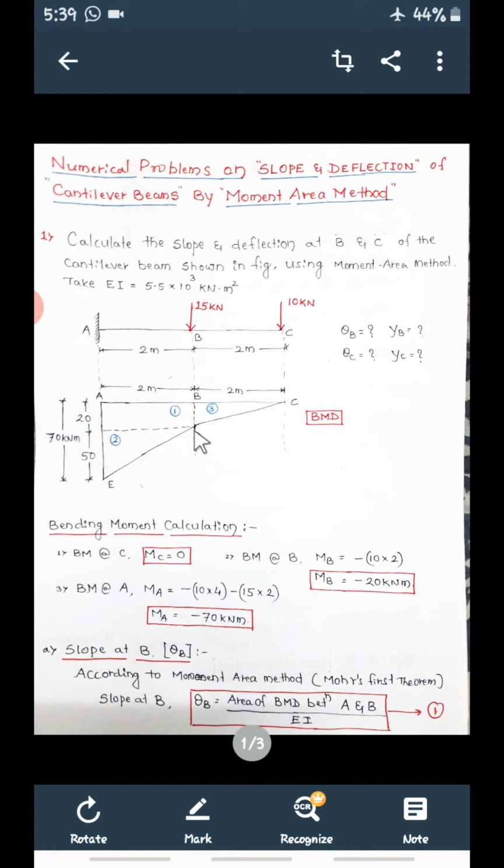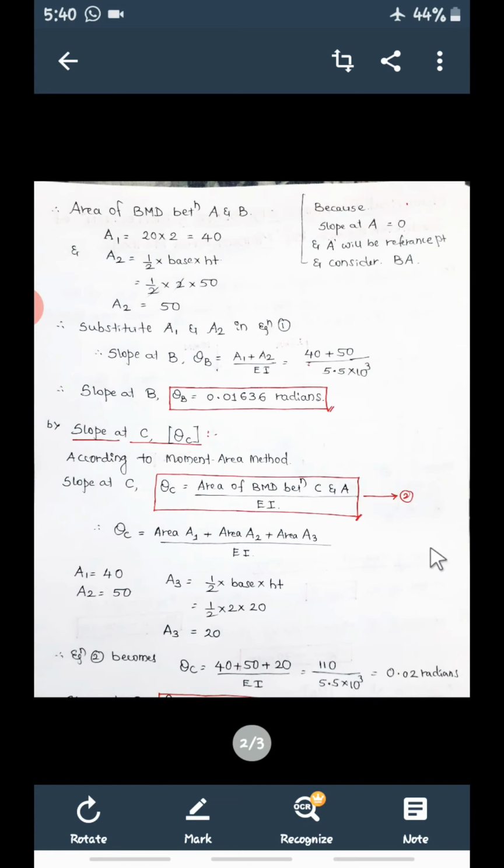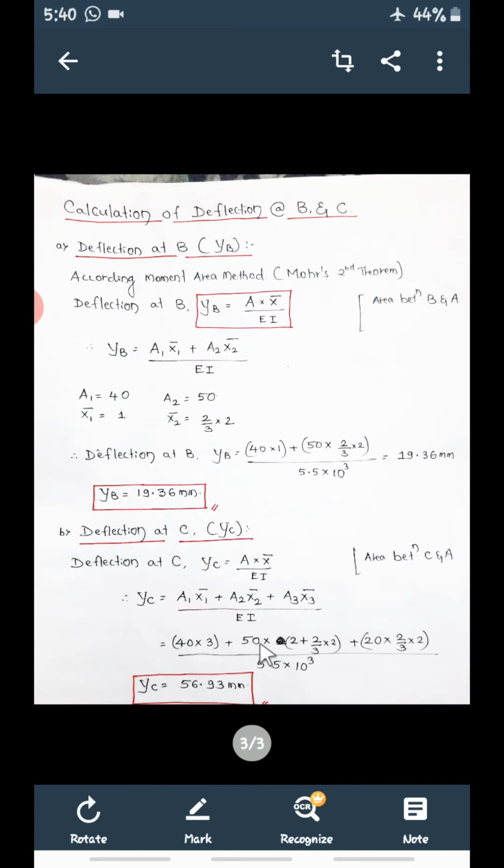So 2 plus 2/3 of 2 will be the x2 bar. So 50 area into x2 bar, 2 plus 2/3 of 2, plus area 3, the triangle, which we have calculated.